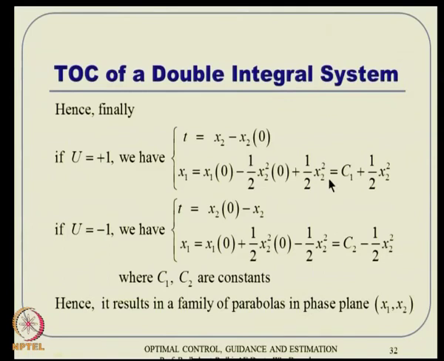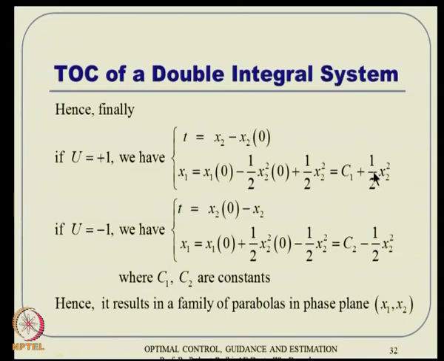If I club these two quantities, that happens to be something like C1, because this is a constant number, plus half x2 square. In the other case, where u is minus 1, we end up with fairly similar things with sign changes. So C1 and C2 are constants, and depending on whether u is positive or negative, you will end up with these expressions.